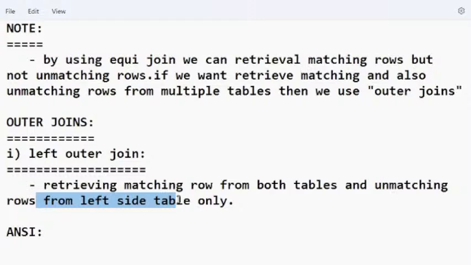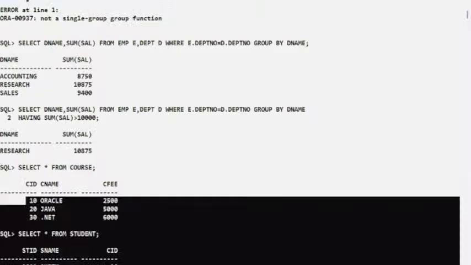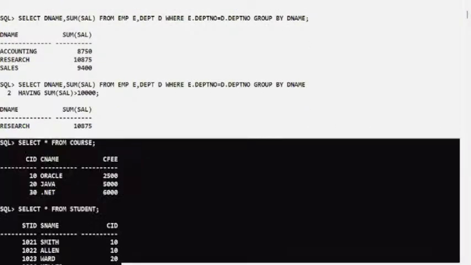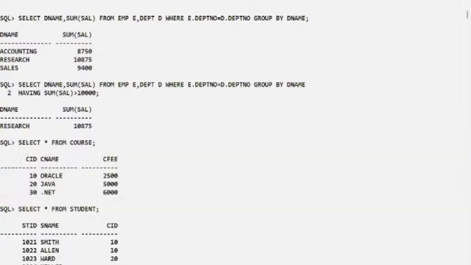Now, the passing of tables order. For example, let me come out and see. These are my two tables. Carefully observe. Now what I am going to do, I'm writing here select star from, here I'm using student. And my keyword is left outer join. And now on the right side I'm giving course.